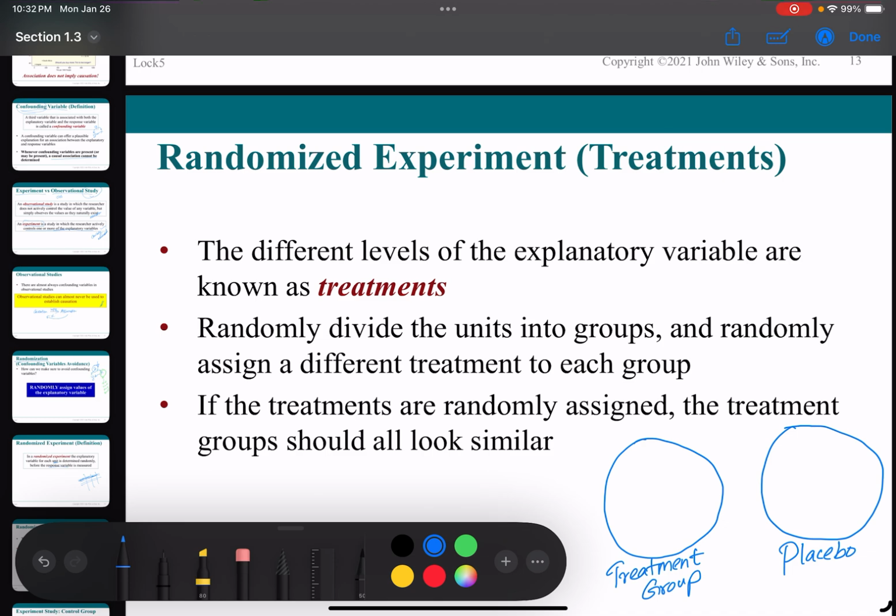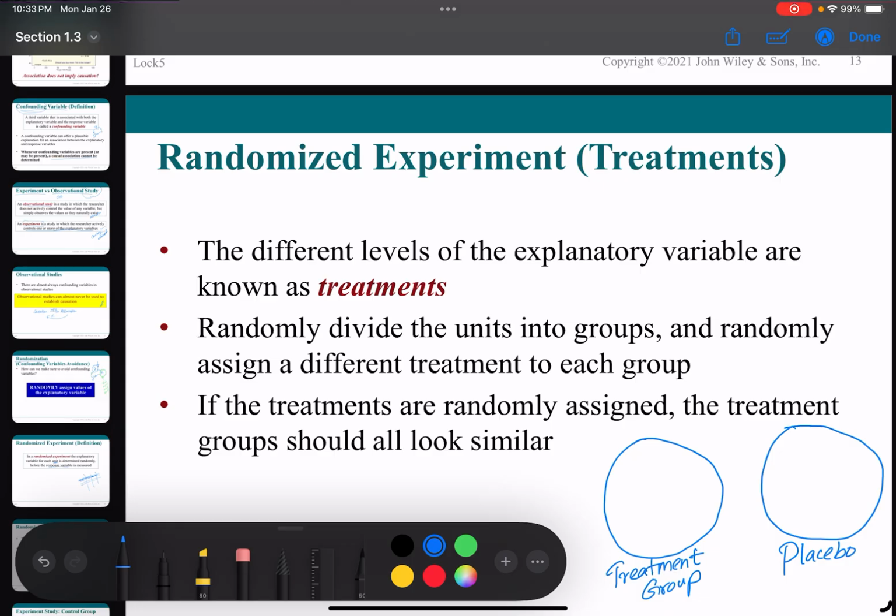The difference between these two groups is that in the treatment group, we give the actual treatment. For example, if we are testing a drug, the treatment group is the group we provide the actual treatment.